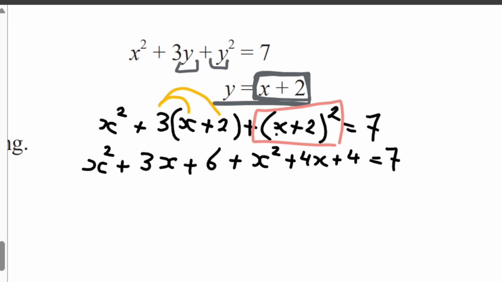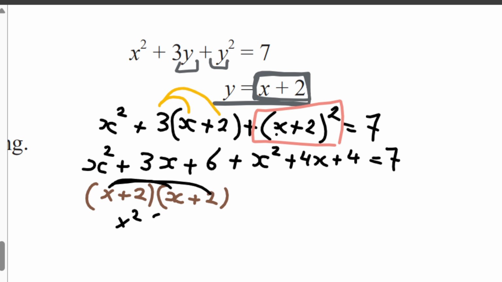If you didn't understand what I did on expanding this, you can just do this. x plus 2 squared is equal to x plus 2 times x plus 2, isn't it? Then x times x is x squared. x times 2 is 2x. 2 times x is 2x.